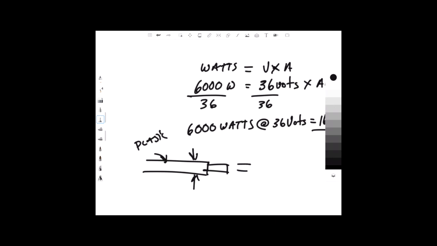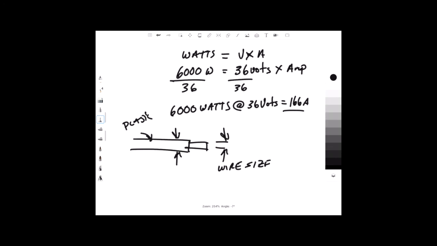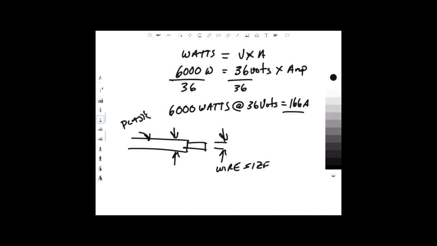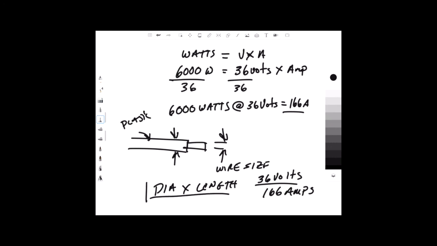And then here's the copper wire size. One of the things about wires is it's about the diameter times the length. So we can put this into a formula and we can say 36 volts over 166 amps equals a certain diameter and length of wire.